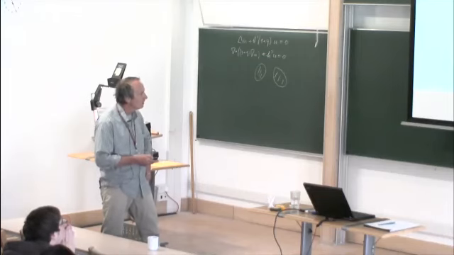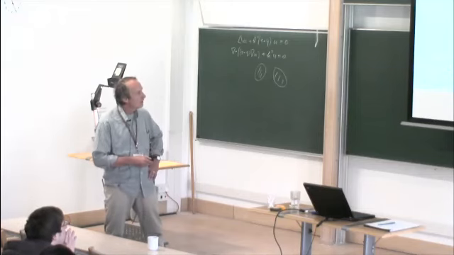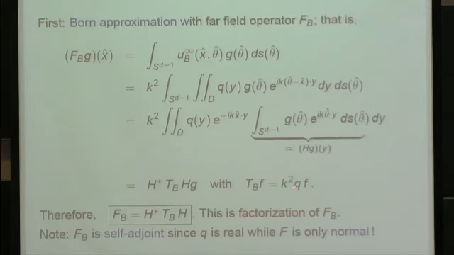Now, note F_B is self-adjoint. If q is real, then this is certainly a self-adjoint operator. So you see from here, or of course also from there, that F_B is self-adjoint. The nonlinear F is only normal.